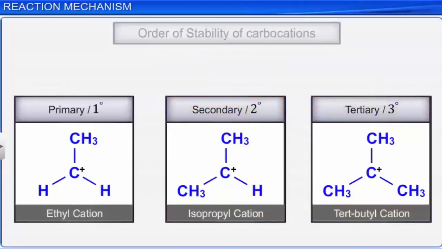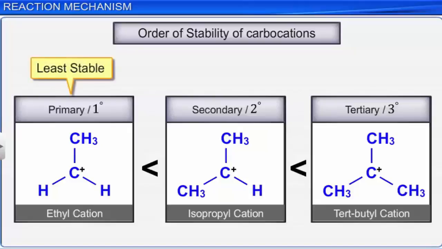Stability of the carbocations increases with increase in the number of alkyl groups bonded to the carbocation. Hence, primary carbocations are highly unstable, while tertiary carbocations are the most stable.